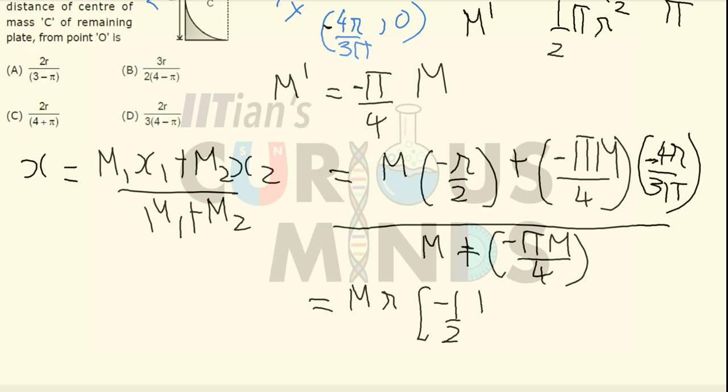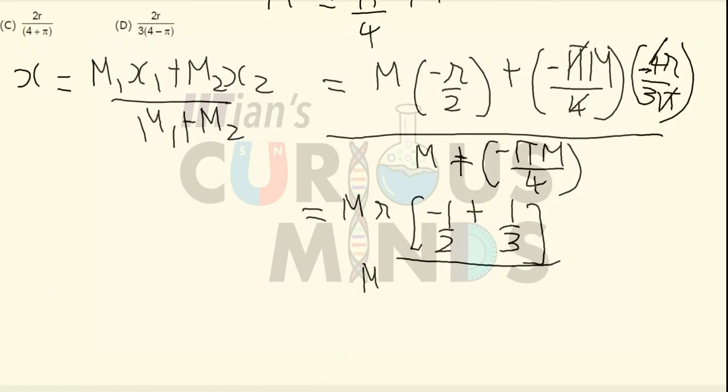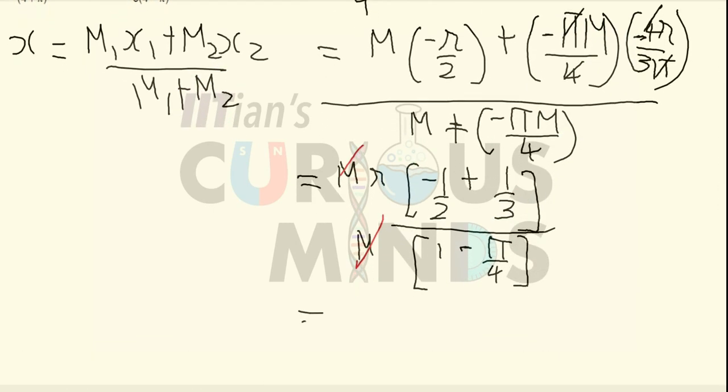So it will be positive. 4 and 4 will get cancelled out, pi and pi will get cancelled out, m and r I have taken as common, so it will be positive 1 by 3, divided by, in the denominator also taking m common, 1 minus pi by 4. So m and m will get cancelled out, and the numerator is minus 3 plus 2, which is equal to minus 1 divided by 6.